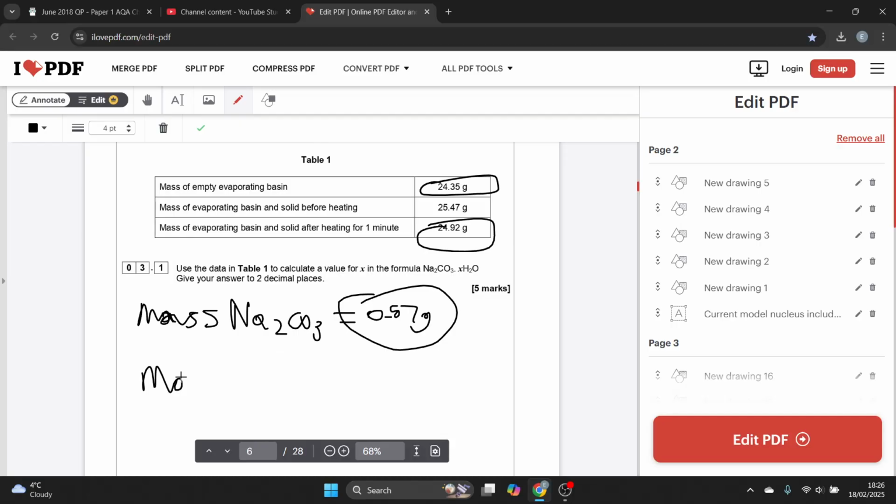Then I need to work out the mass of water. And I know the mass of evaporating basin and solid before heating and then after heating. So then 0.55 grams, 25.47 minus 24.92.